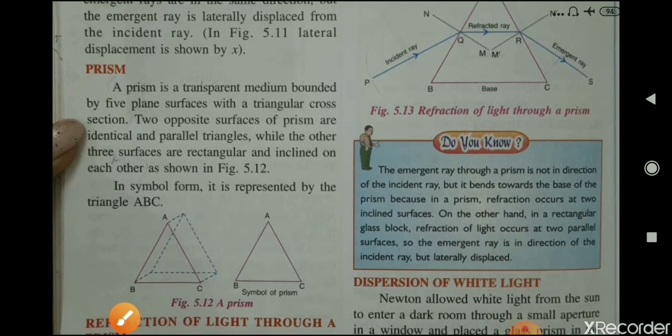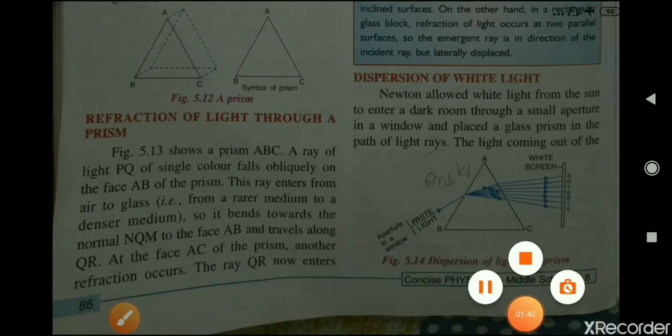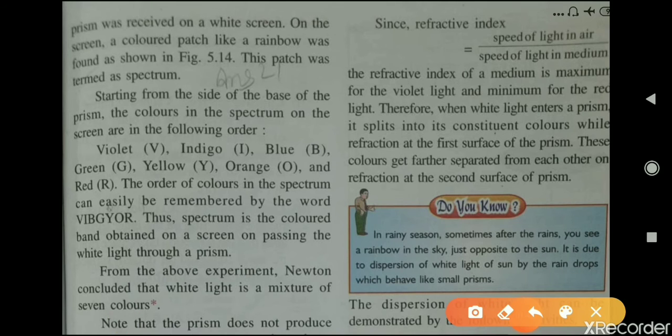Okay, now dispersion of white light. Newton allowed white light from the sun to enter a dark room through a small aperture in a window. You can see here this white light falls on this glass prism, and the light coming out of the prism was received on a white screen.